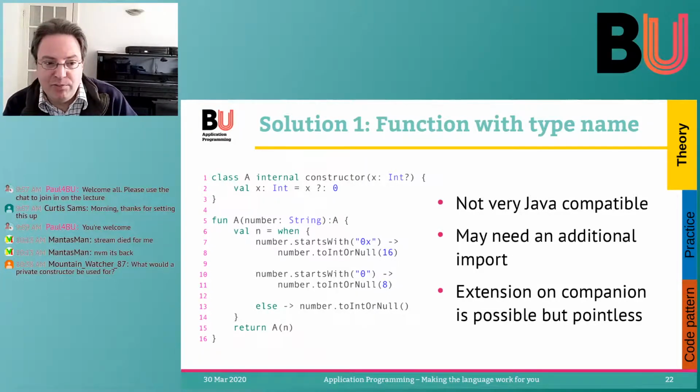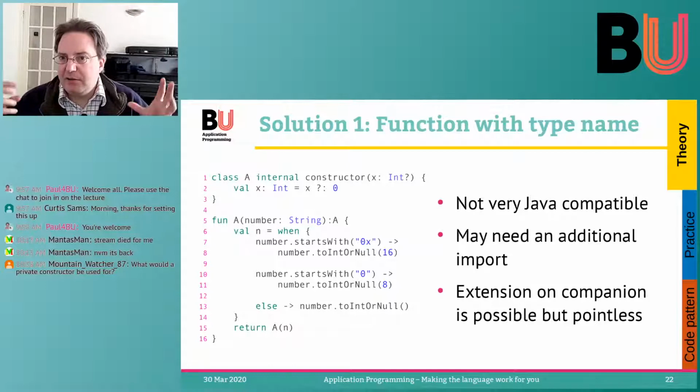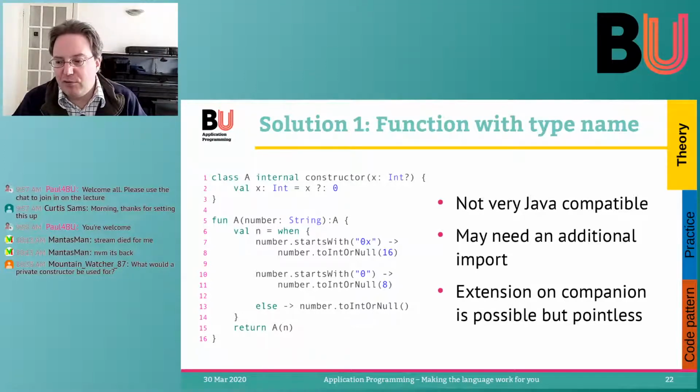So why would we want to use a private constructor? Basically, you use a private constructor in a class when you have another constructor that's not private, and you might want to do some checking before you use the private constructor, or you have a factory function inside a companion, and then it can access the private constructor.